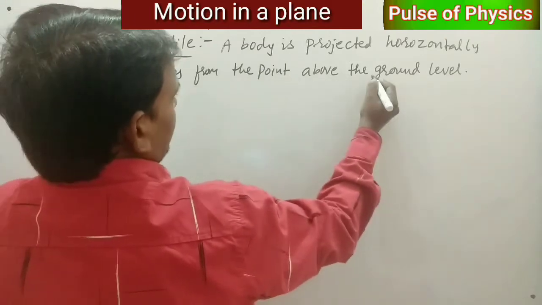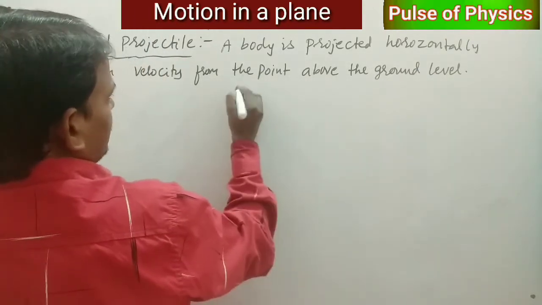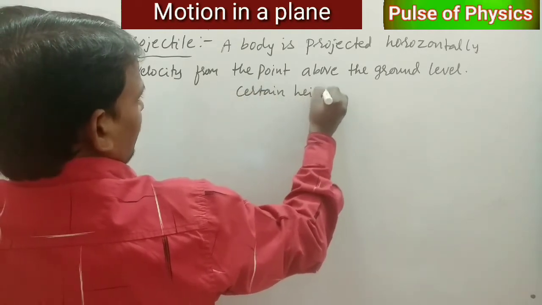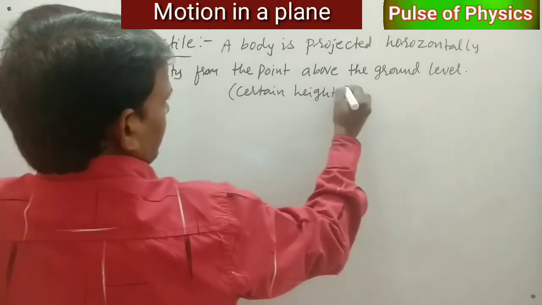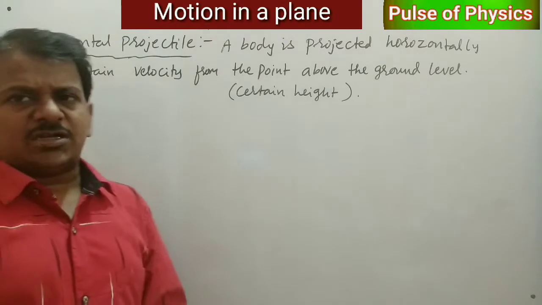So this is nothing but from certain height or top of tower, etc. Right? So this is called horizontal projectile.